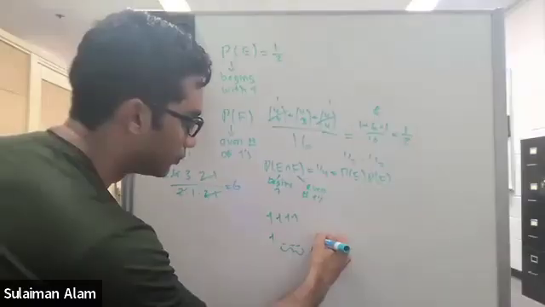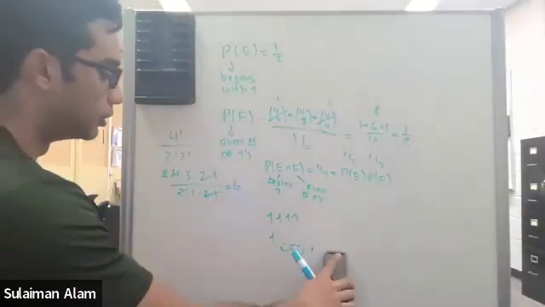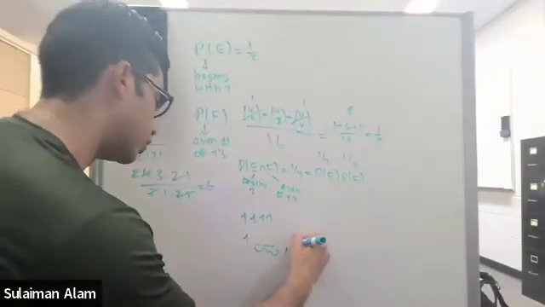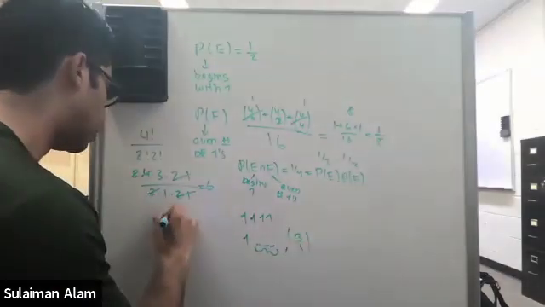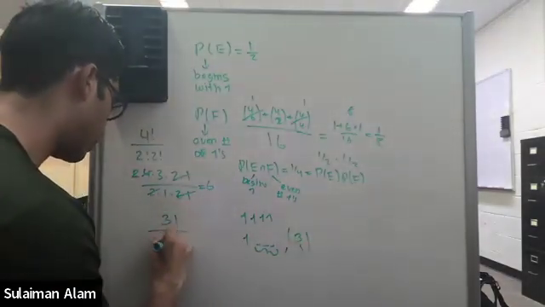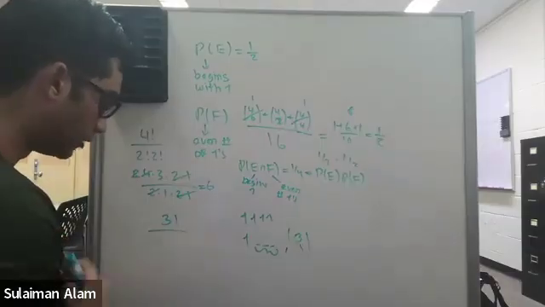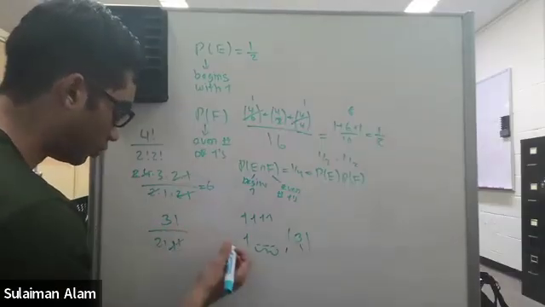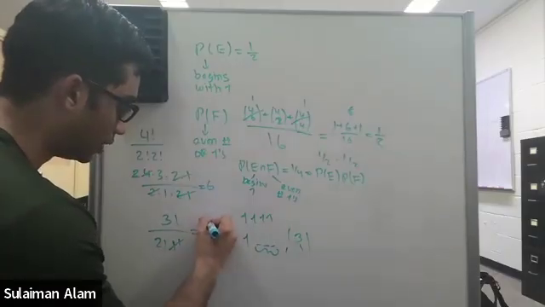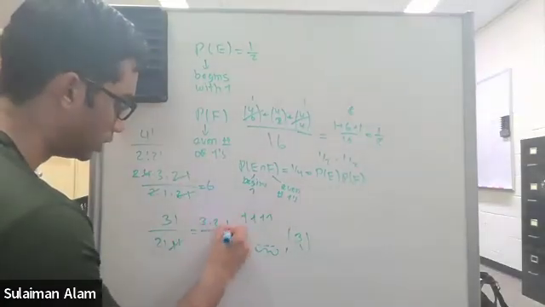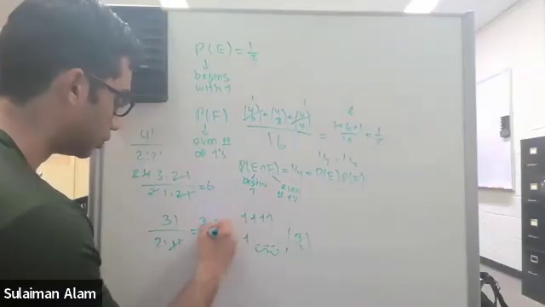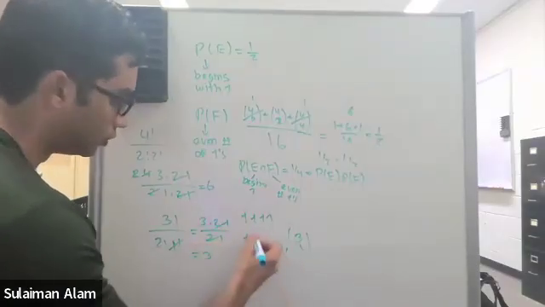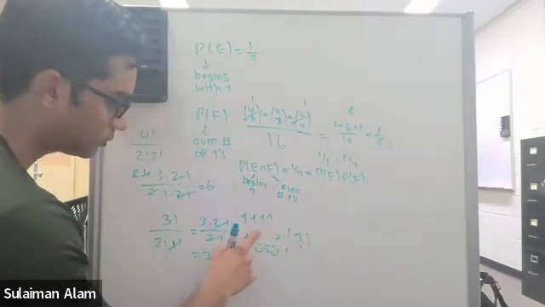So this is 3 choose 1. 3 choose 1 is 3 factorial over 2 factorial, 1 factorial. 3 times 2 times 1 over 2 times 1, so that's 3. So there's 3 possible.